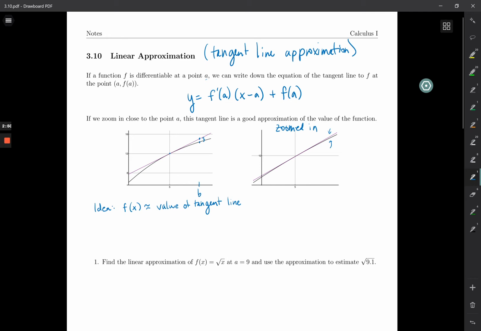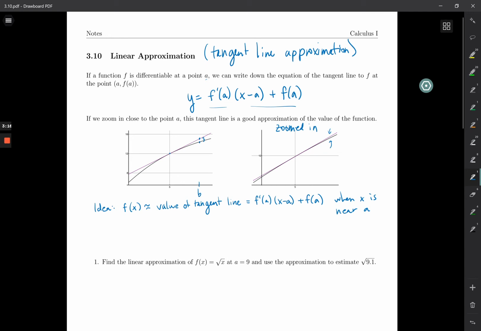So just to write this out in math, using our formula that we wrote down up here for the tangent line, I'm just going to write that in. Great. And this is when x is near a.